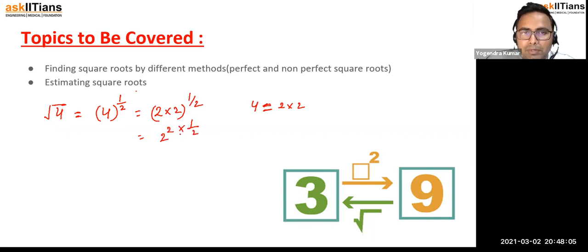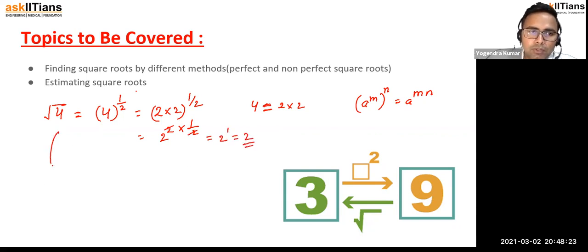By the exponent rule, a power m whole power n is a power mn. So 2 squared with whole power half, the 2s cancel, and we get 2 power 1, which is nothing but 2.